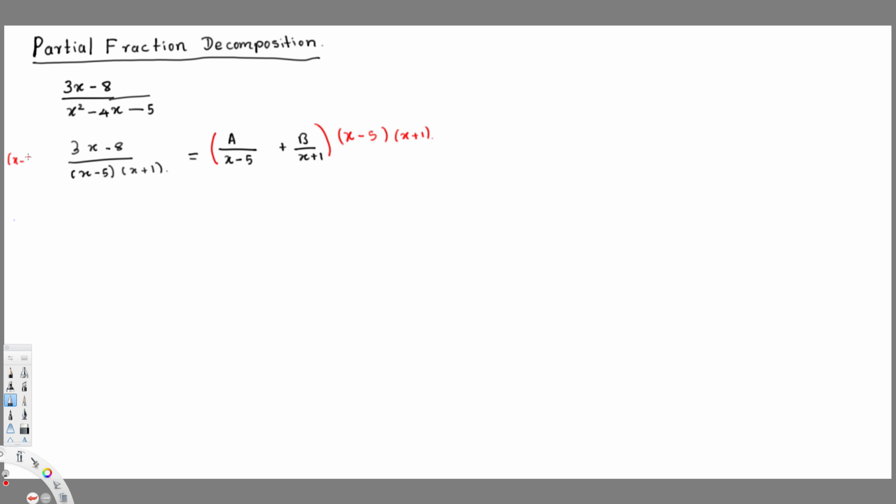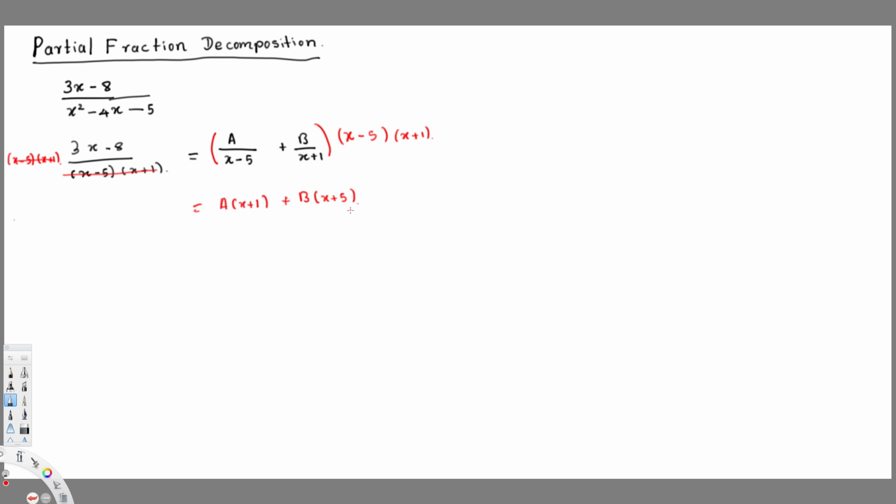This will cancel, and we are going to be left with A times x plus 1, and on the other side we are going to have B times x minus 5.